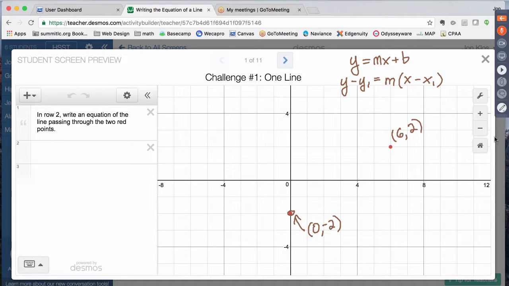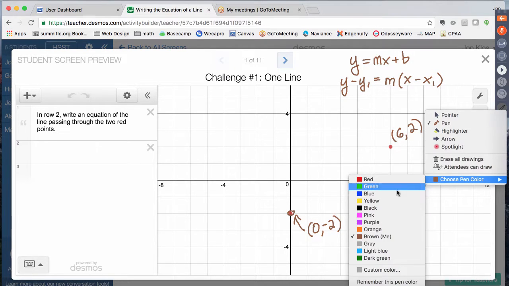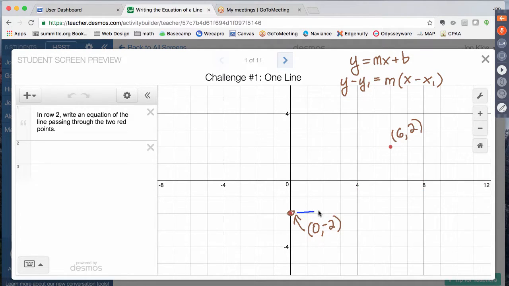So if I want to write a linear equation, I need to find the slope. First it looks like we go over 6 and up 4. So my slope is the change in y, so I'm going up 4 when I go over 6, and that reduces down to 2/3.